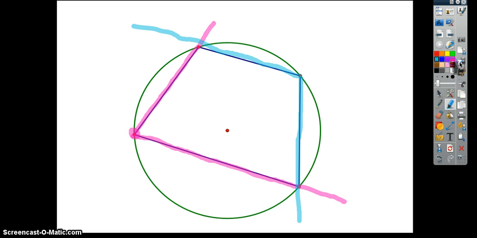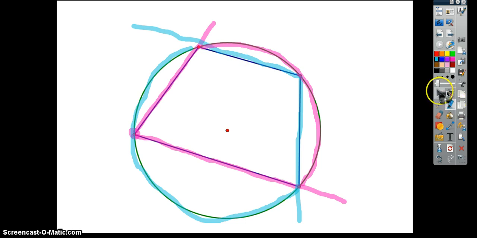But going back to the first one, this pinkish purplish one, that angle intercepts this arc. Now the blue angle intercepts this arc. Well, that means together they intercept the whole circle.